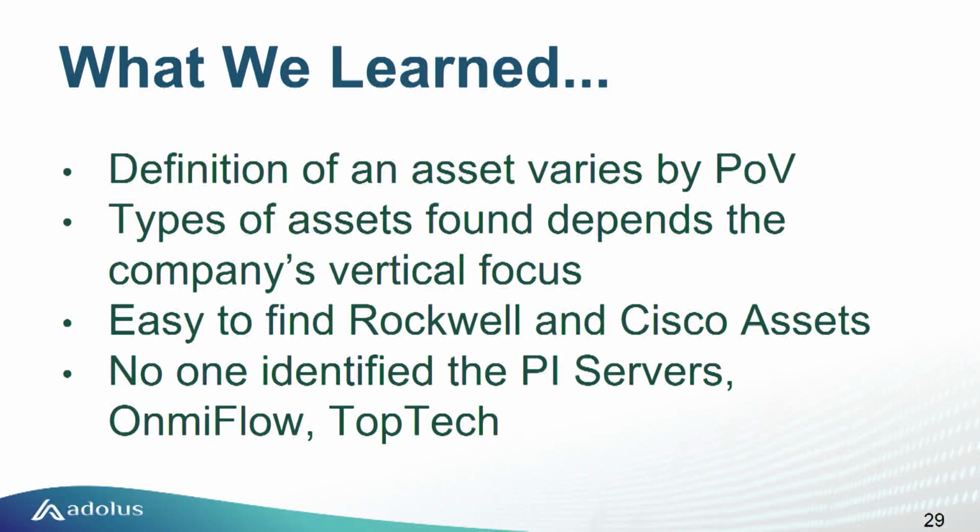Interestingly, a few things that we did expect to be identified, at least nobody in their submittal mentioned: Pi servers, flow computers, terminal automation systems that were definitely in the stream. So one takeaway is that all these tools are generally pretty good at identifying the major automation suppliers.